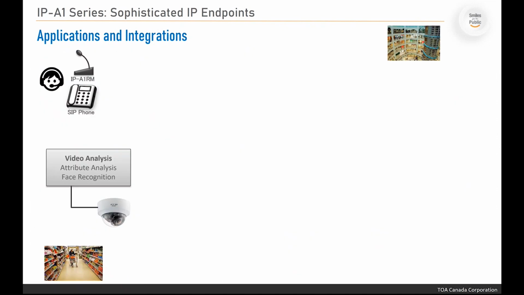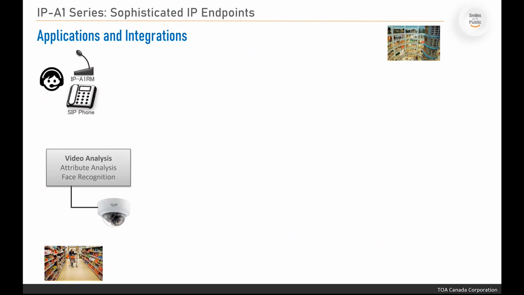Let's take an example of a commercial building that can be a supermarket or a mall, where you might have SIP phones, you might have the IP-A1 remote microphones installed, and definitely you will have security surveillance and video analytics.